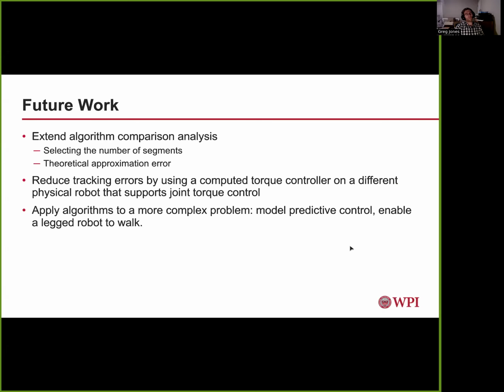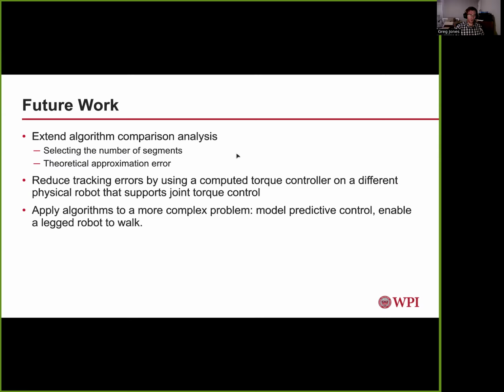So the main goals were achieved in this project, namely going over the trajectory optimization methods in general, implementing two of them, Hermite Simpson and Trapezoidal, simulating the trajectories and also testing on hardware and then comparing the results.